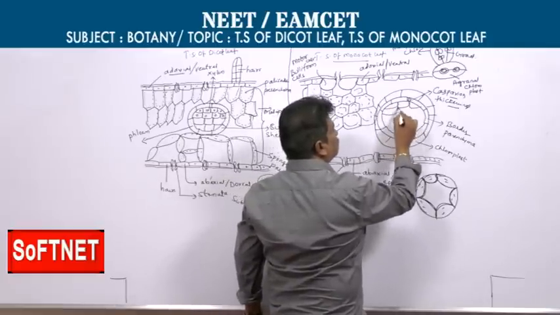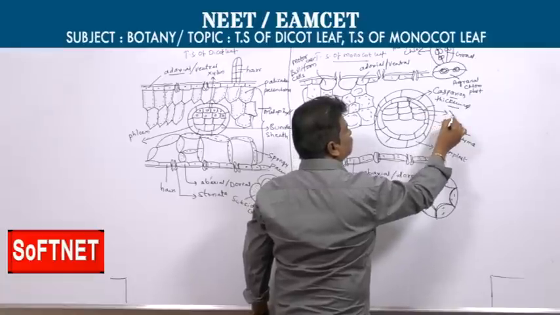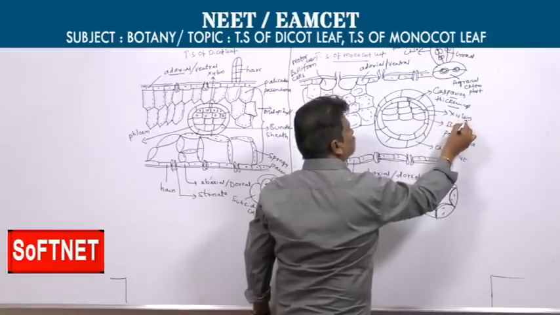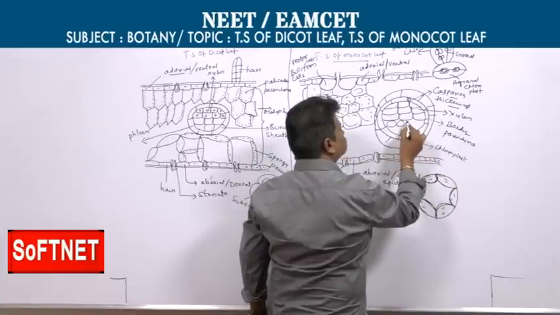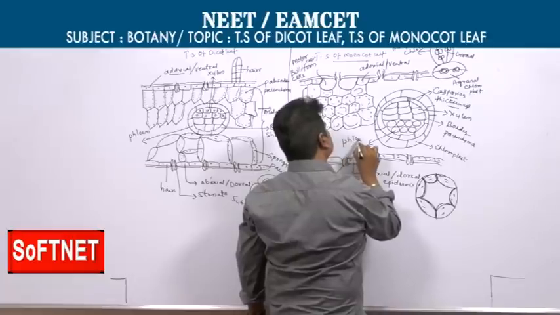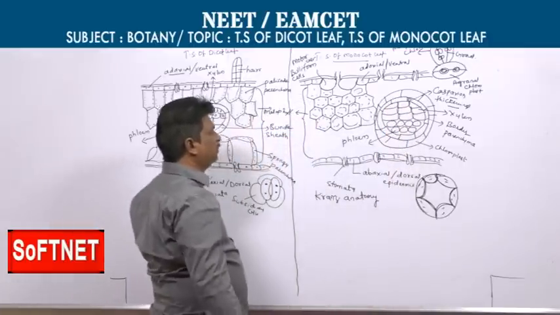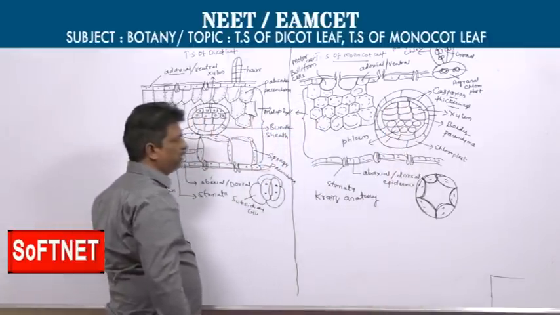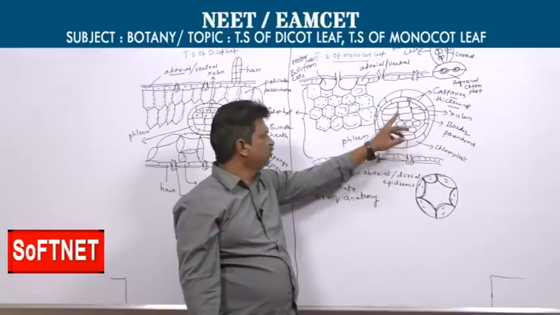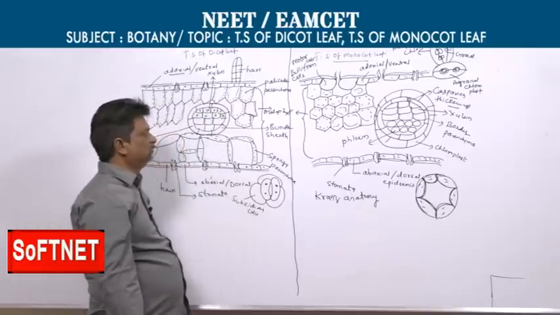Then after the bundle sheath, on the upper side there is xylem, on the lower side there is phloem. So even in monocots, vascular bundles are collateral, conjoint, and closed.